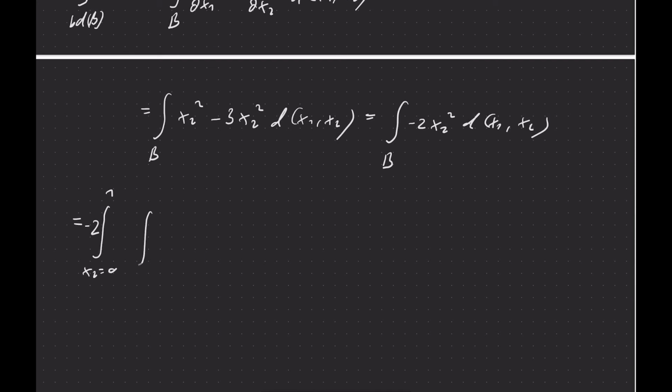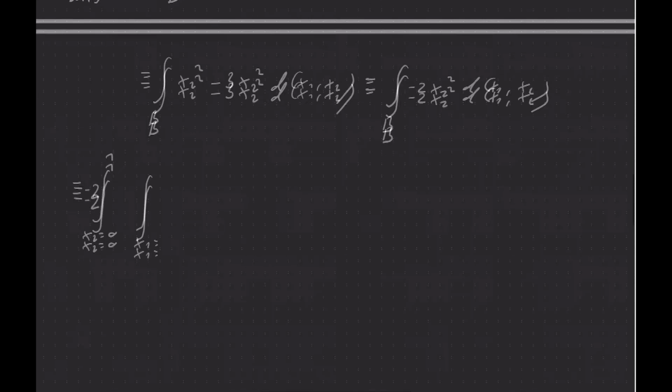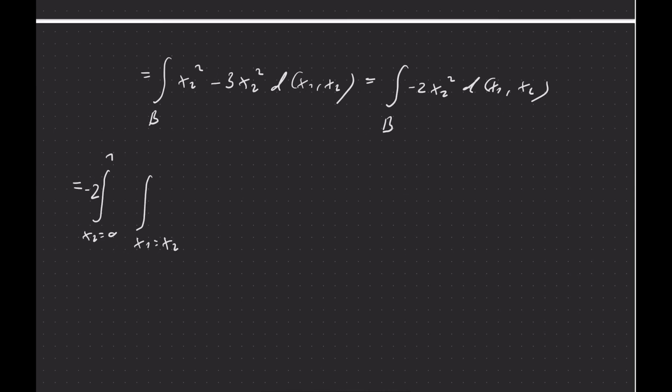The inner integral is then x1. And let's look at the description of B here. x1 has x2 as a lower bound and x2 plus 1 as an upper bound. So that's x2 to x2 plus 1, and we integrate x2 squared dx1 dx2.